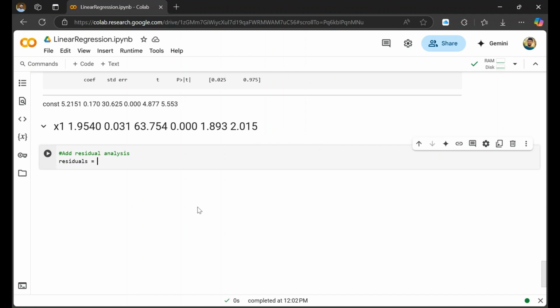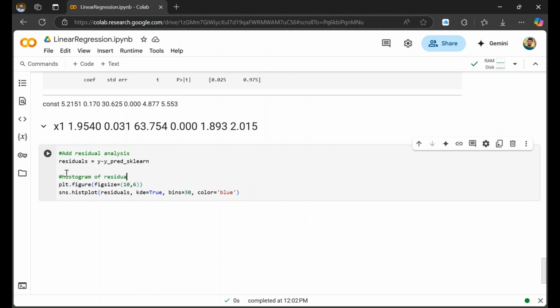Residuals is equal to, let's do a histogram of the residuals.